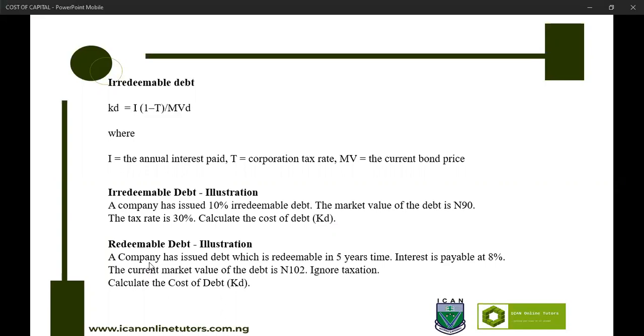So we were told to ignore taxation in this information. Tax is not given, so that means our interest will be exclusive of tax. Now, the debt is to be redeemed in 5 years' time. That is the number of years. And the interest rate is 8%. Market value is 102.